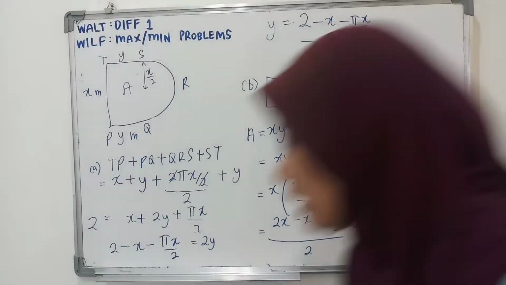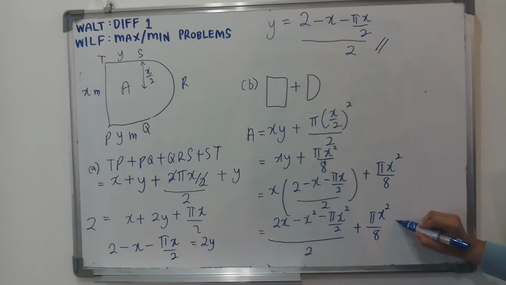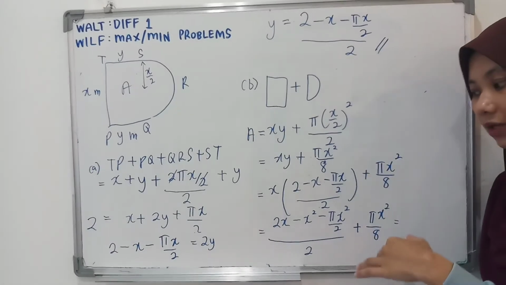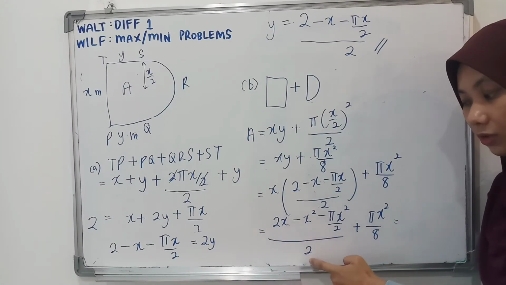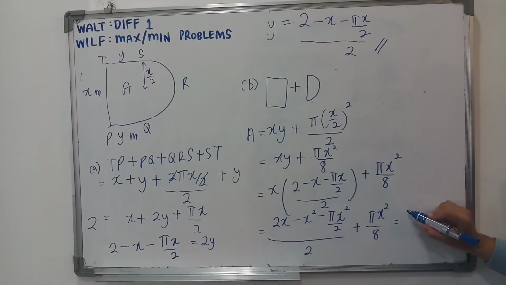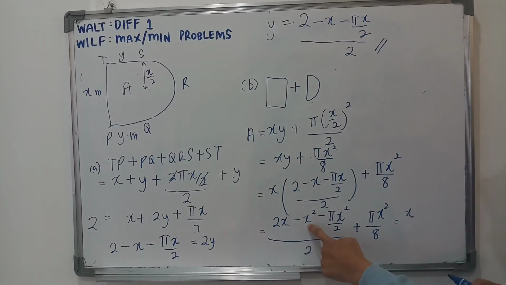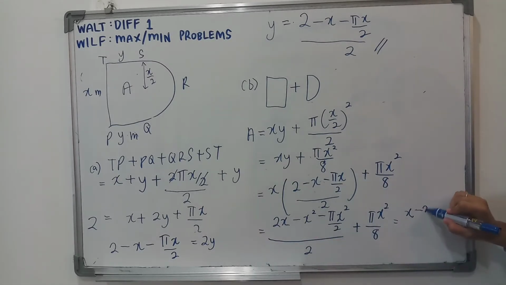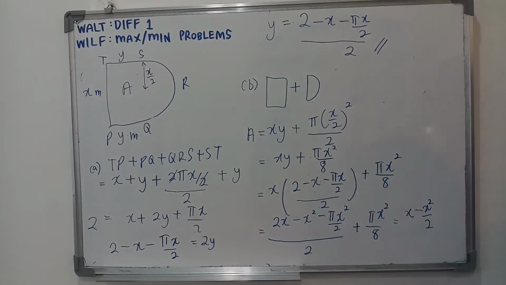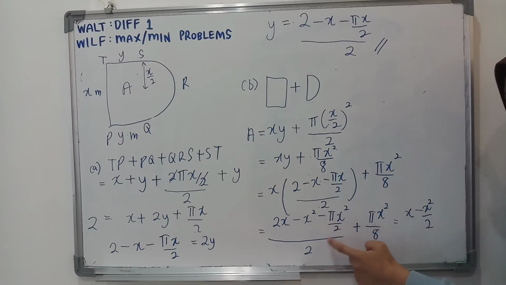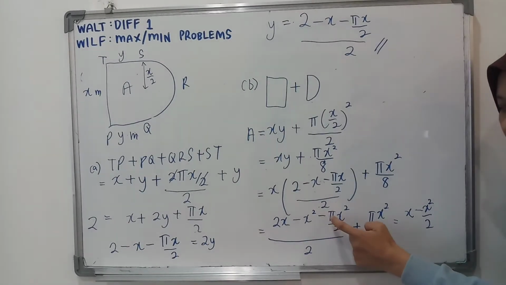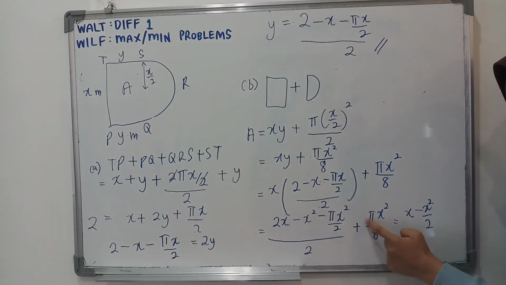Then try to solve slowly one by one. 2X with 2 cancel, you will end up with X only. And then we have X square over 2, maintain X square over 2. And then that one, this is negative pi over 2, which is negative pi over 4, plus pi over 8.